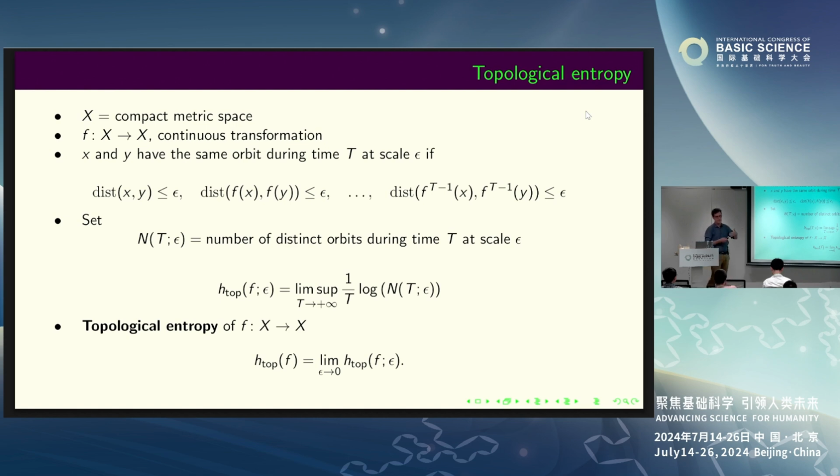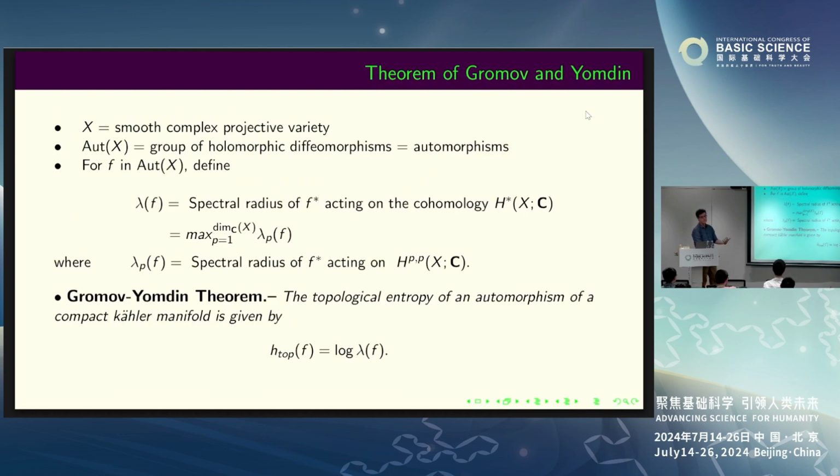And usually it's very hard to compute, but in the setting of holomorphic transformations of compact Kähler manifolds, so compact complex manifolds with a Kähler structure, in fact, we can compute it by looking at the action on the cohomology of the manifold. So I will state it for smooth complex projective varieties. Now X is an algebraic object.